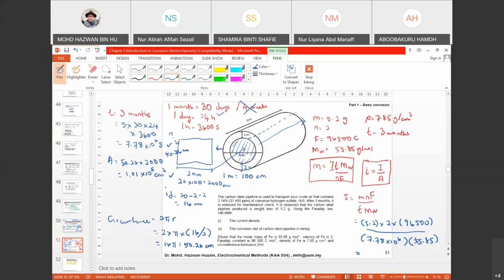Hamda, can you calculate this? I think the rest of you can also calculate, and we can check the answer later. 5.2 multiplied by 2, this is the valency, multiplied by Faraday constant, multiplied by the time, 7.78 times 10 to the power of 6, multiplied by 55.85.